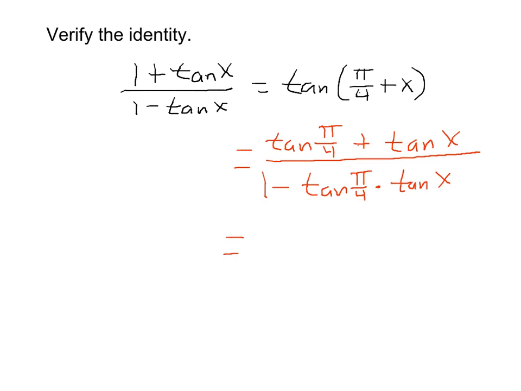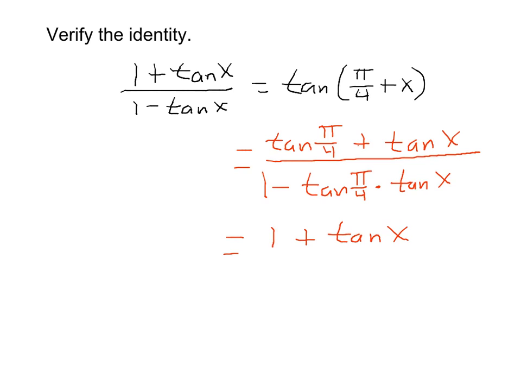Now, at this point, I have some trig that I can evaluate. Pi over 4 is on our unit circle. It's the 45-degree one. Tangent, opposite over adjacent, sine over cosine, square root of 2 over 2 over square root of 2 over 2 is 1. Plus the tangent of x.